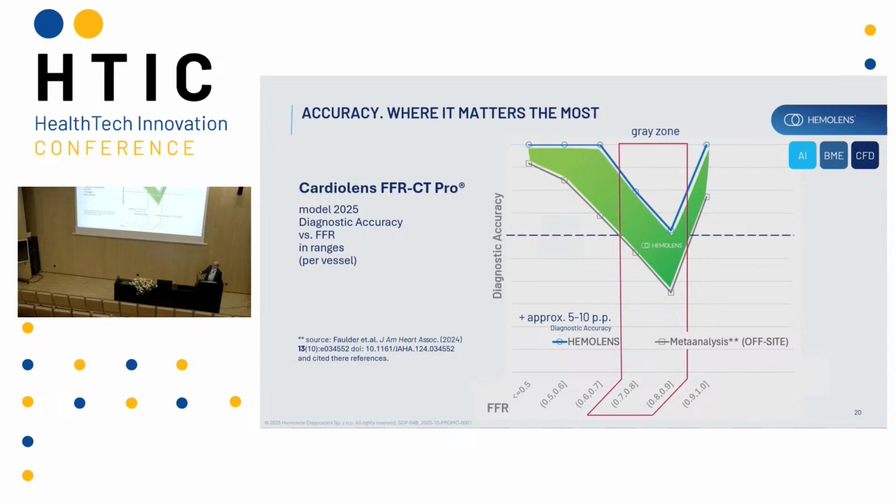That's based on meta-analysis data. So that's where it matters the most, the accuracy in that region. It's not so hard to determine really healthy people and very diseased. The gray zone is the target, and we are in that region. We achieve a very nice result.